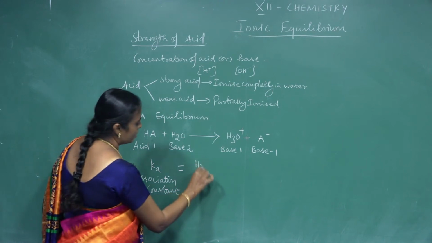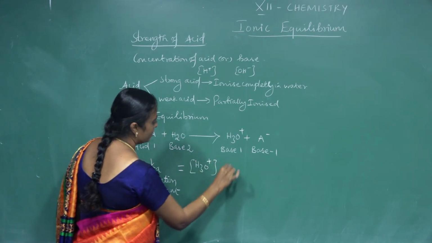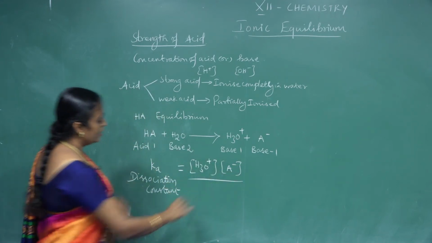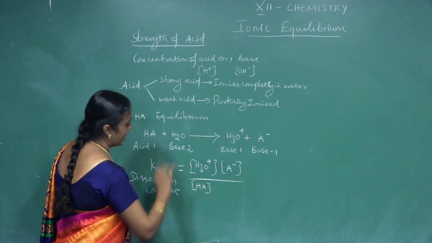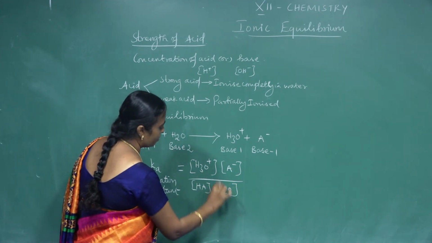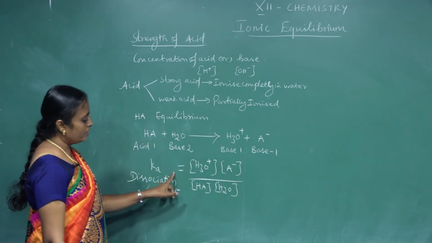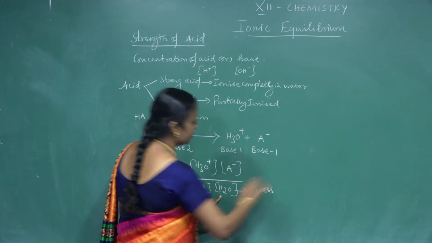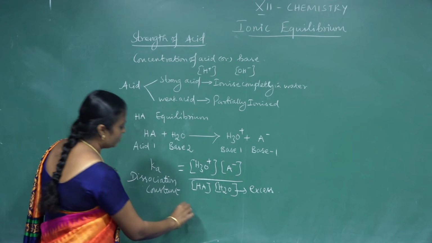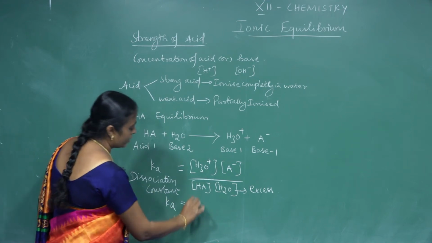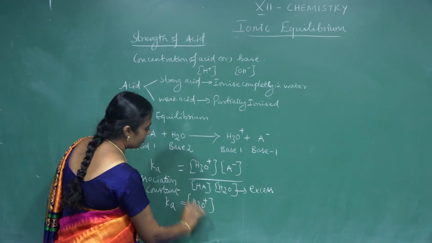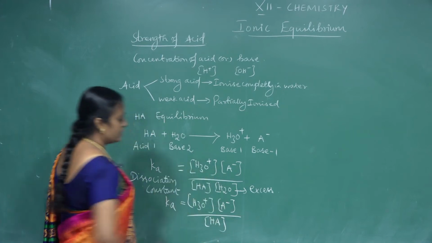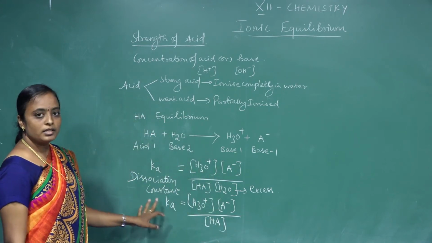So you take the concentration of hydronium ion and the concentration of anion, the product concentrations, divided by the reactant concentrations, HA the acid, and one more reactant, water. Here water is in large excess concentration, so we neglect the concentration of water. So you get the concentration of hydronium ion times the concentration of anion divided by the concentration of acid. This is called the dissociation constant.